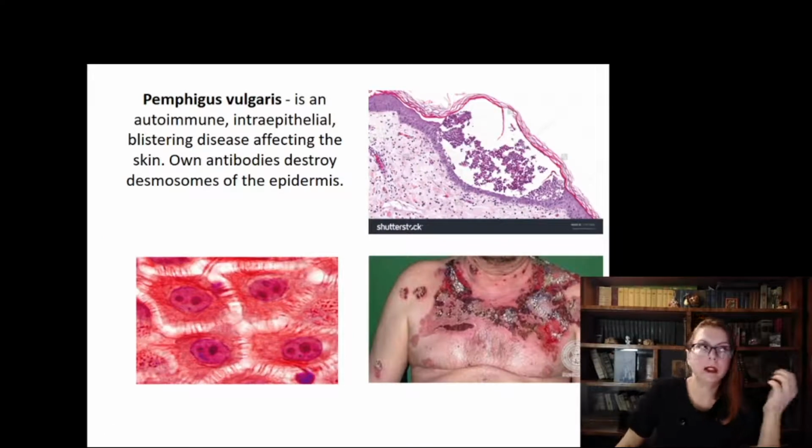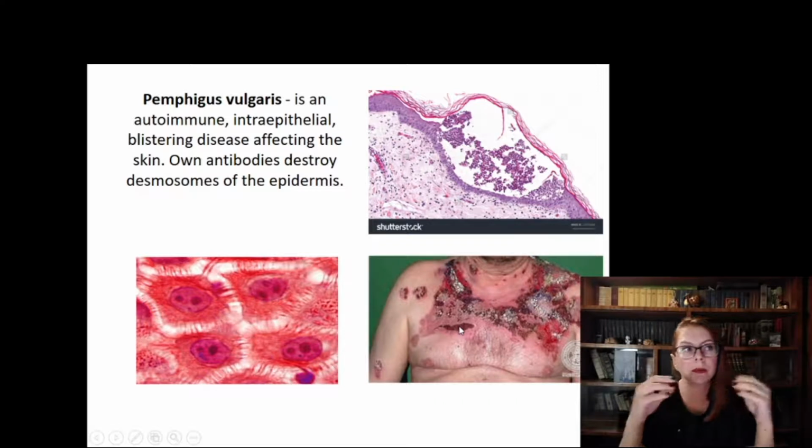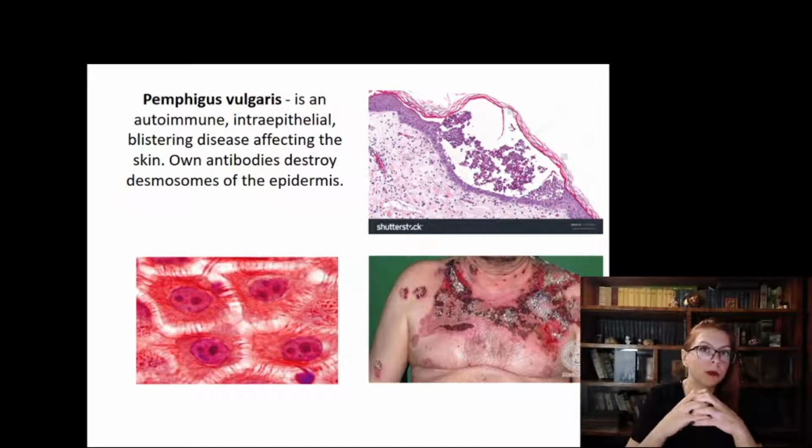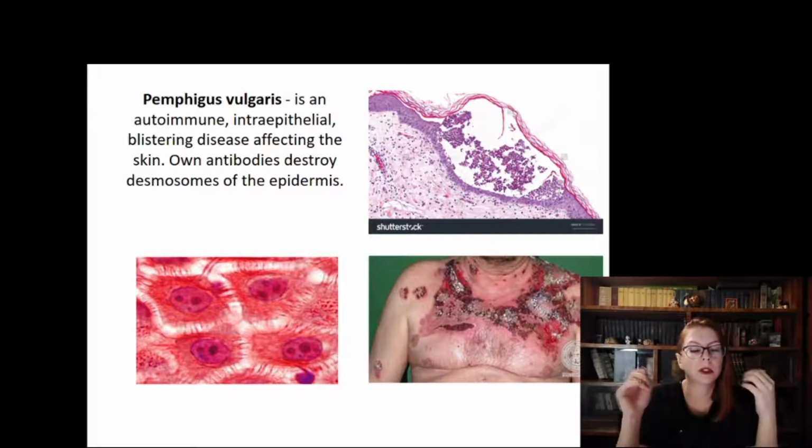And it is better to understand the function when we see its violation. So in case of autoimmune diseases, antibodies are formed against desmosomes. So desmosomes are broken, and as you can see, the consequences, the skin is covered with ulcers because the epidermis is sloughed from the surface, because cells can't hold one with another because desmosomes are disintegrated.